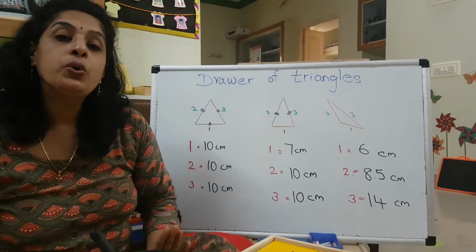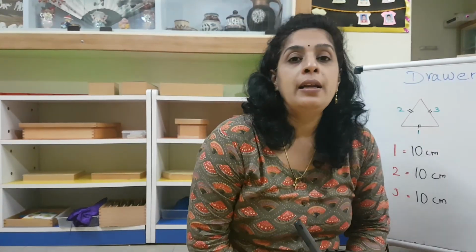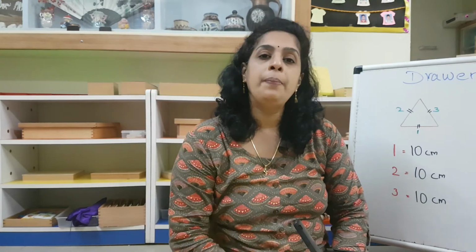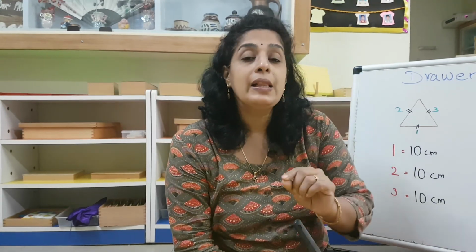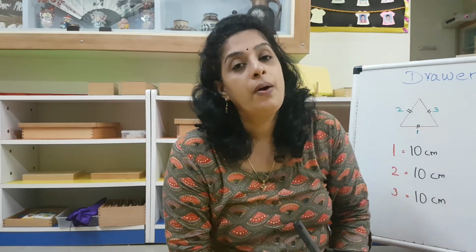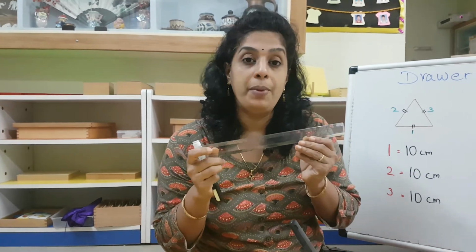I just want you to remember that when we are going to give names for triangles, we will sometimes give it by the length of the triangle sides or sometimes by the angles. Angles will come next week. But this week we are only talking about the length using the scale. We use the scale for measuring it.